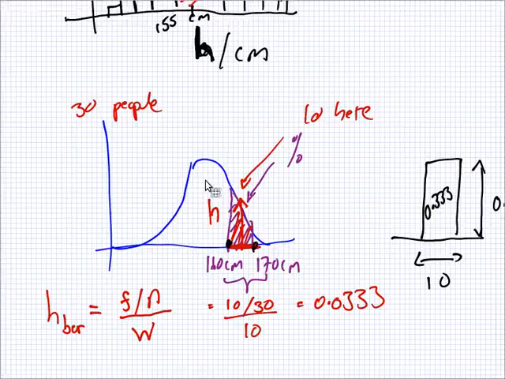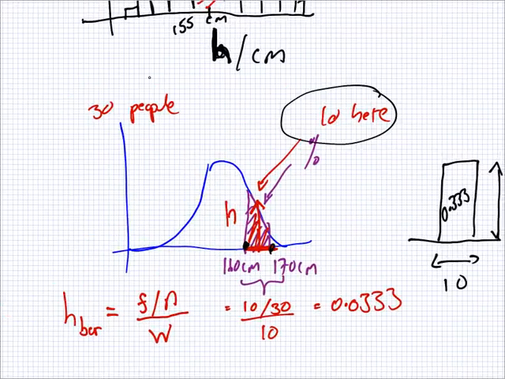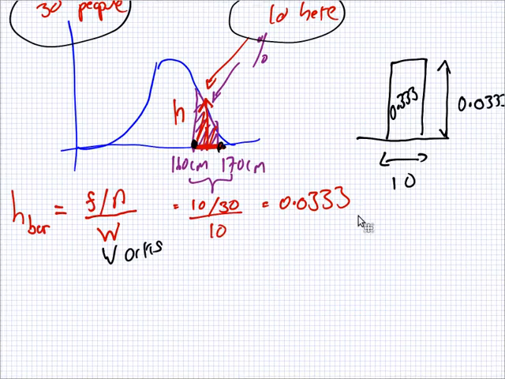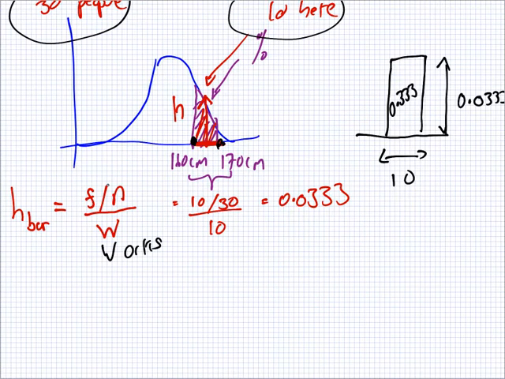Yeah, because at the start I said there are 10 people in the group of 30 between these heights. So you can see that this formula works. If you forgot that formula, maybe you should make note of it. This is how you calculate the heights for the bars in this type of graph.